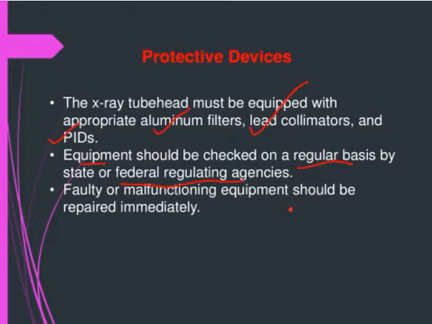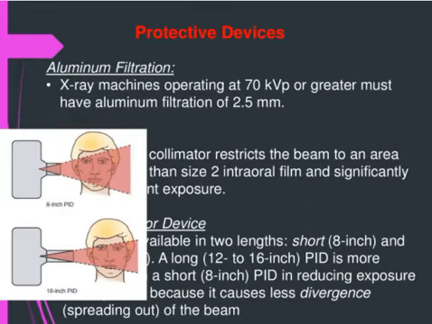Faulty or malfunctioning equipment should be repaired immediately. This means that an X-ray machine which has a radiation leakage should be repaired as soon as the leakage is found. That is why SFDA or FDA ensures proper radiation safety protocol.